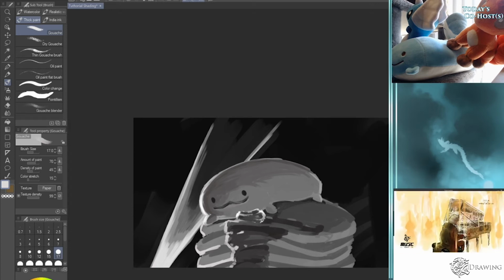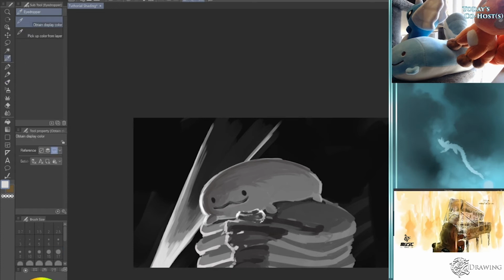Remember that since the light is from the bottom, the tops are going to be dark.